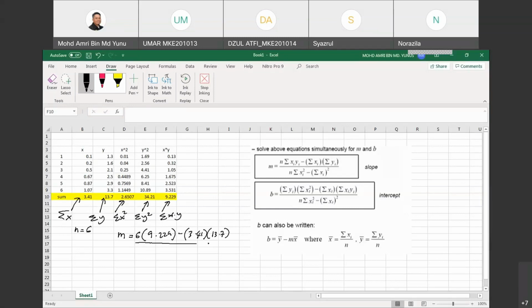You divide by 6 multiplied with the sum of x squared here, 2.6507, minus, hang on, no, this is the square of the sum of x, or 34.1 squared. Okay.